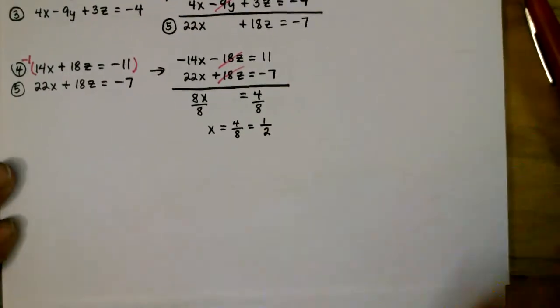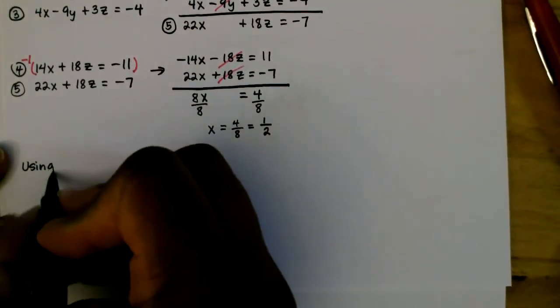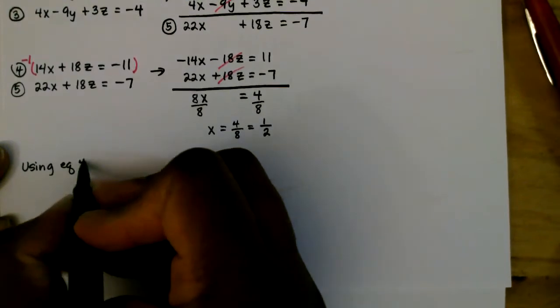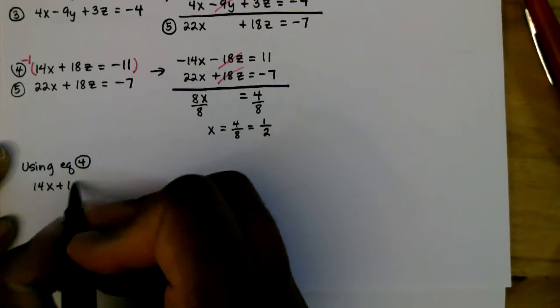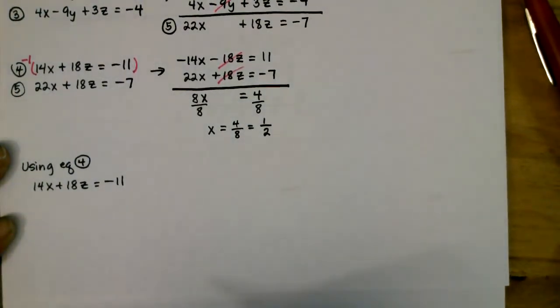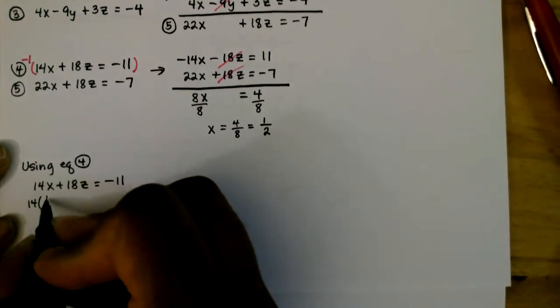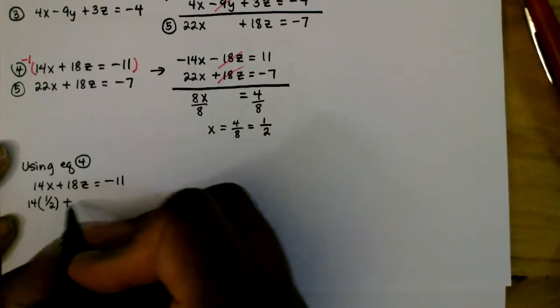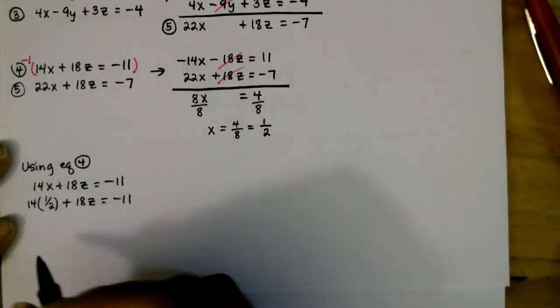So using equation 4, which in this case is 14x plus 18z equals negative 11, I'm going to replace the x with 1/2. So this will be 14 times x, which is 1/2, plus 18z equals negative 11.